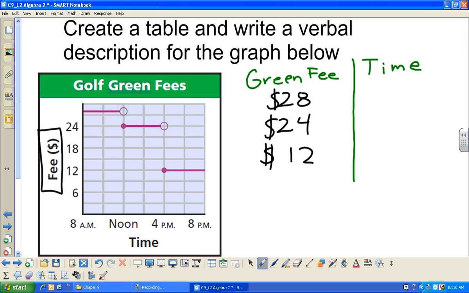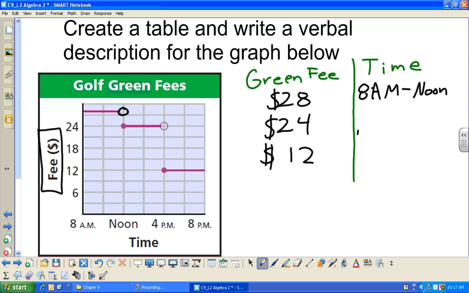The times. The first time would be from 8 a.m., that's where the line starts, to noon. So if I come in at noon, I know I will be paying $24 because this is an open circle.